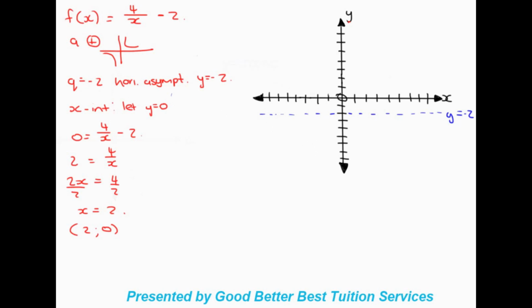Then what we're going to do is we're going to take our x-intercept, which we found is 2 and 0, which is over here. Indicate quickly that this is going to be our 2 and 0. We can just indicate that it is 2, just so that I know that that is our x-intercept.